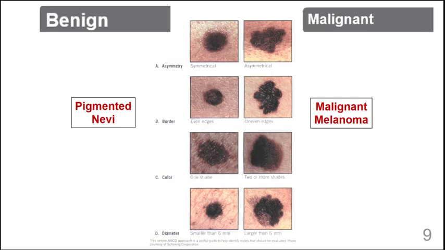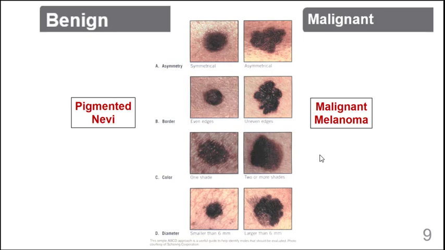One of the difficult jobs of healthcare providers is distinguishing between a benign versus a malignant lesion on the skin when we compare a nevi or a mole to that of malignant melanoma. So let's first elaborate on what malignant melanoma is, because we've already talked about nevi or moles.